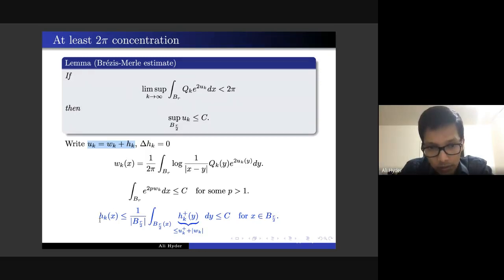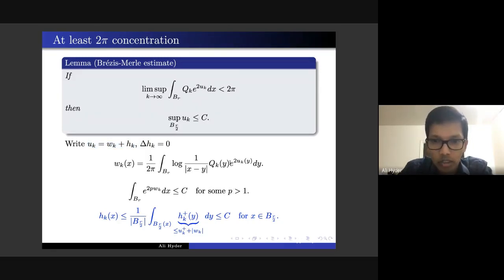So this last estimate tells us that u_k is less than or equal to w_k plus a constant in a smaller domain, and the function w_k has some higher order integrability. So w_k is better than u_k, because for u_k we knew just that exponential 2u_k has uniformly bounded integral, but now I can make it a little bit better because p is bigger than 1.